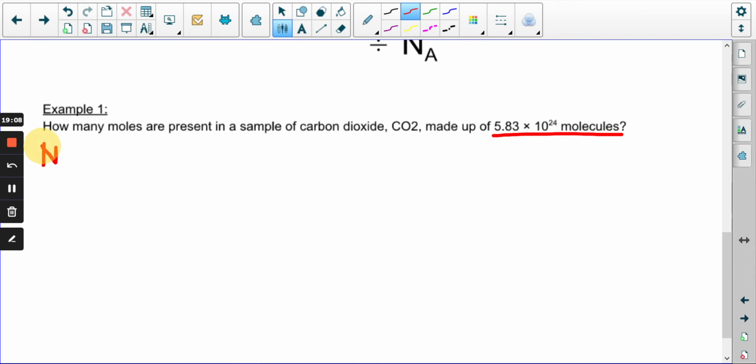I'm also going to include the unit of measurement, and here it's molecules. This is what I've been given. This is how many molecules I have.